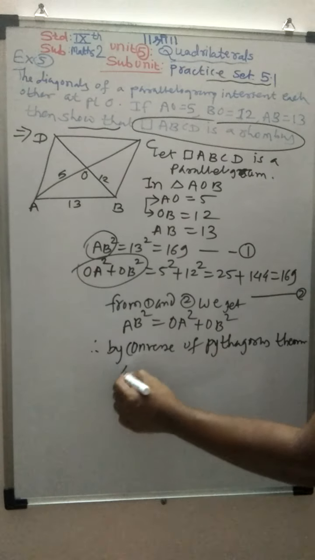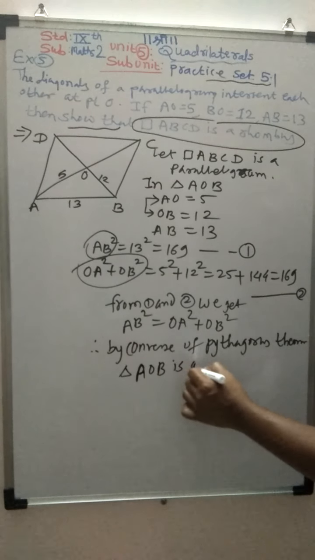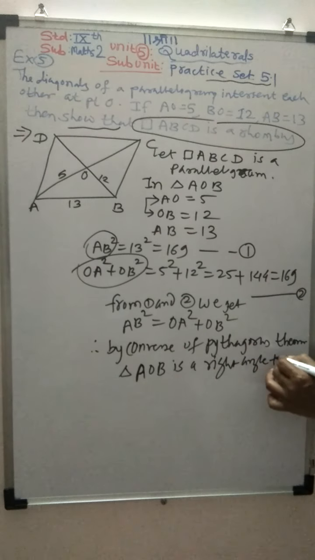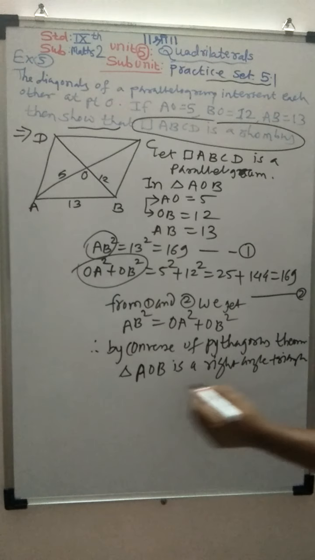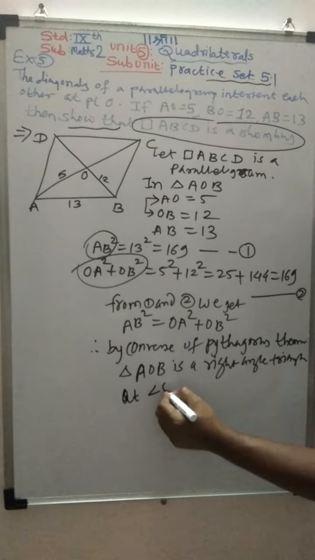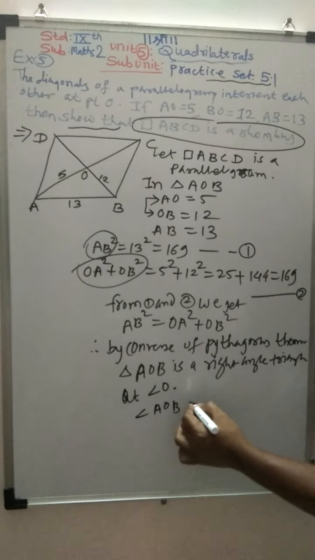we say that triangle AOB is a right angle triangle, right angled at angle O, means angle AOB is equal to 90 degrees.